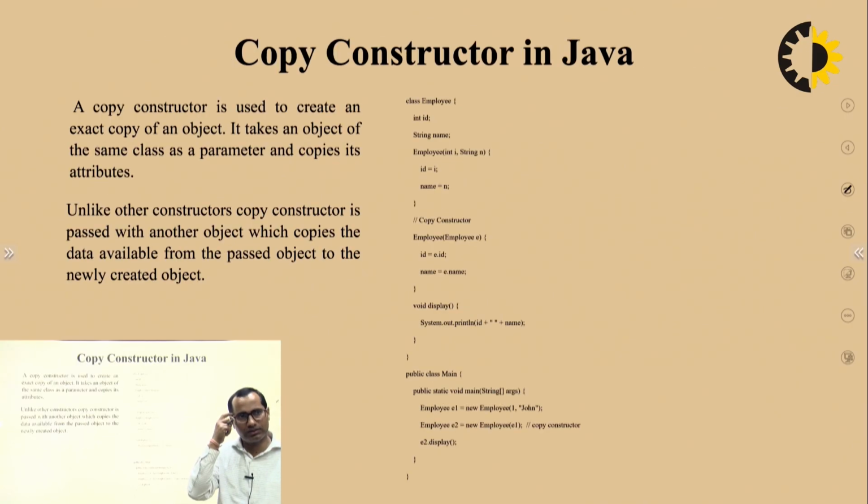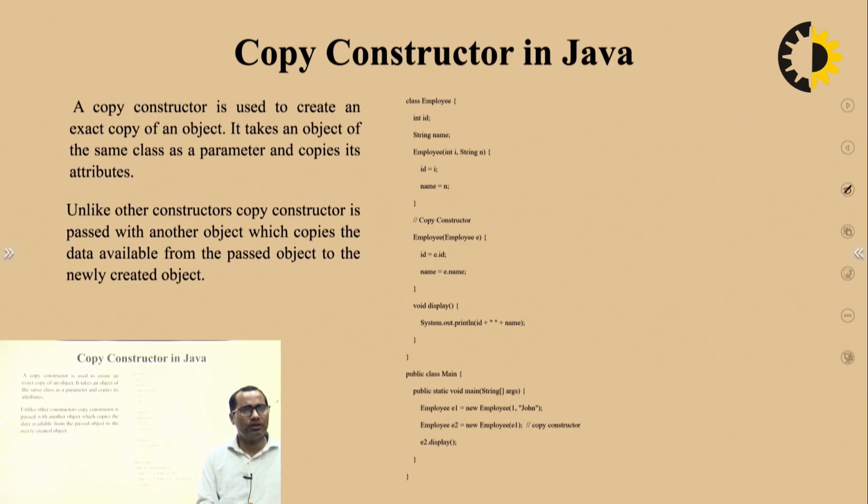Copy constructors. What is a copy constructor? A copy constructor is used to create an exact copy of an object. Whenever we want to create a copy of an existing object, we can use the copy constructor. In the previous example of the parameterized constructor, we wanted to initialize the values, so it took values as parameters.